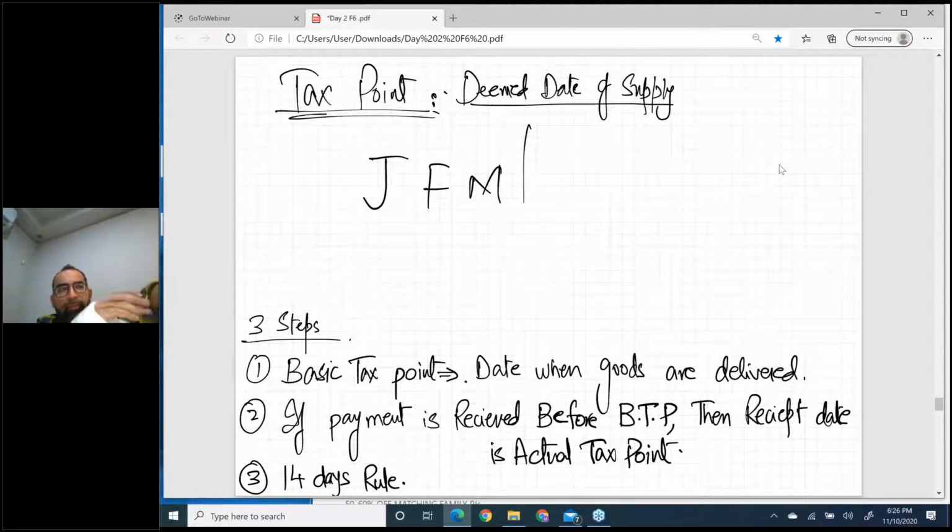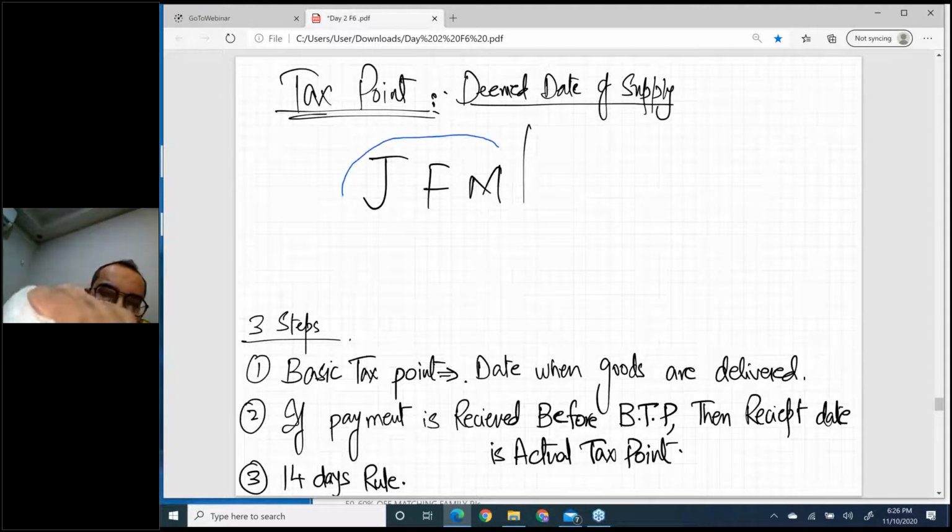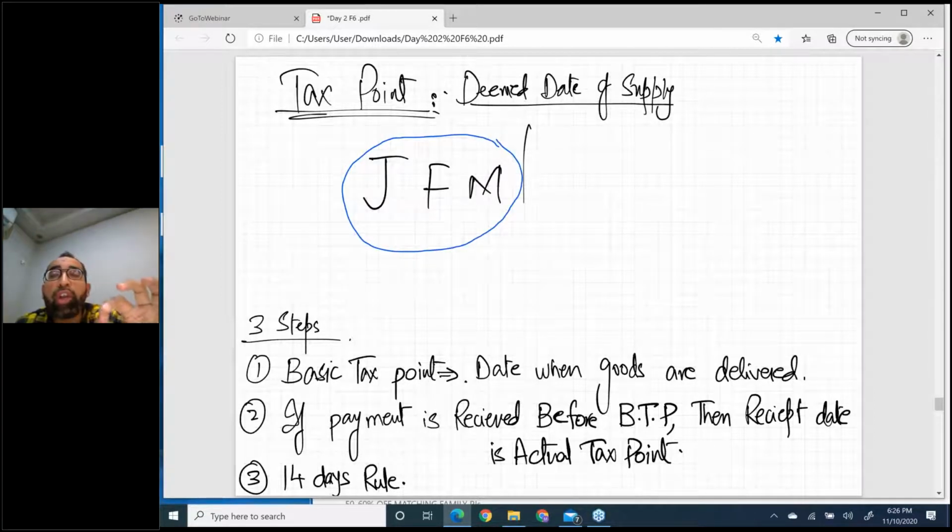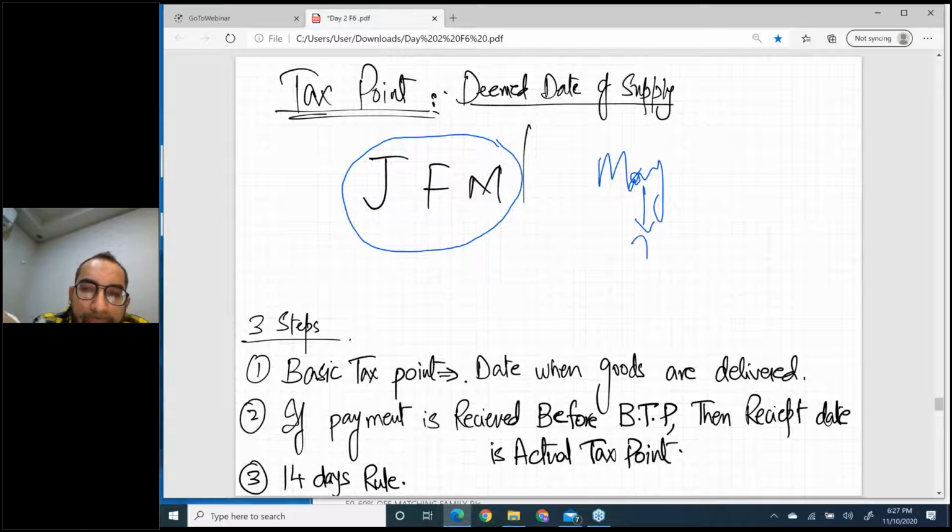Now, tax point. First of all, try to understand what is tax point. We all know this thing, that for January, Feb, March quarter transactions, we have to pay VAT on 7th May. I repeat, we all know this.